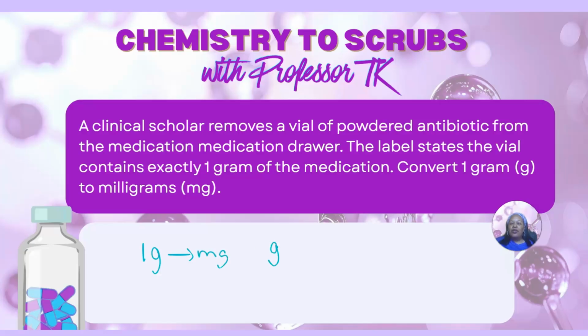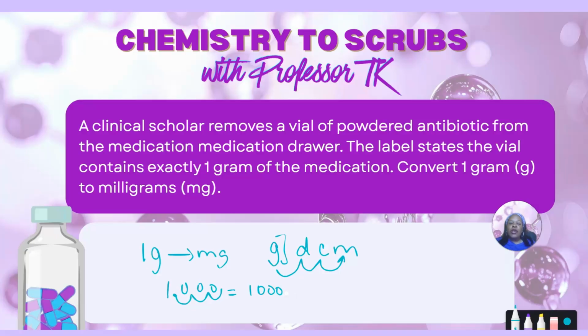Well, remember, grams is right here, deci, centi, and milli. Those are the smaller units, so you're going to move your decimal 1, 2, 3 to the right. So that 1 gram, 1, 2, 3 to the right, fill in those spaces, and you get 1,000 milligrams. All right? That's simple.